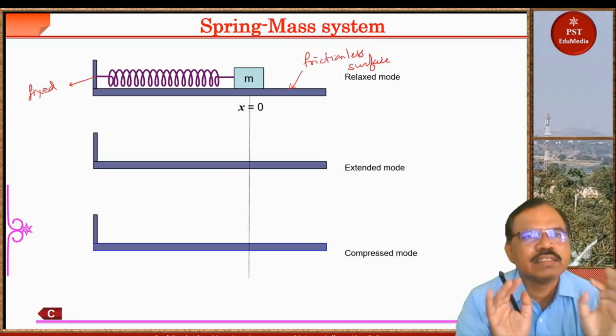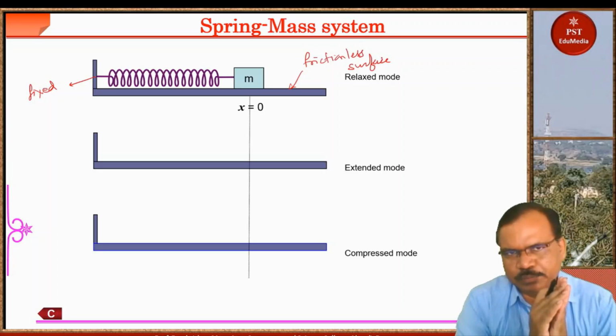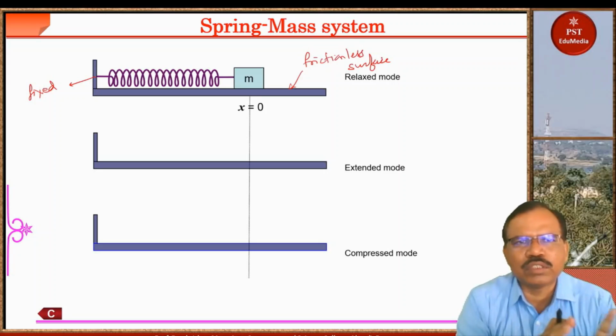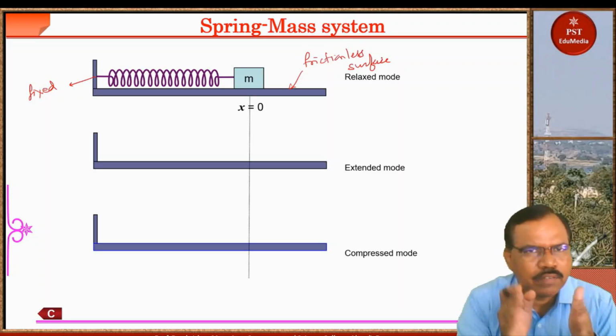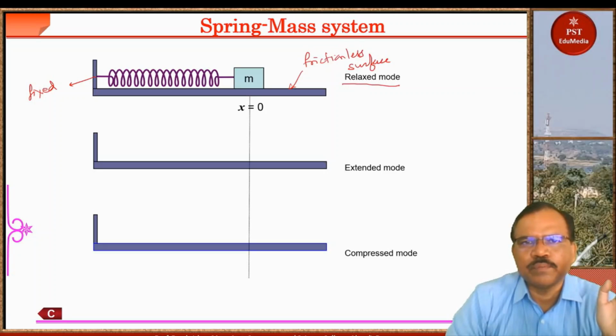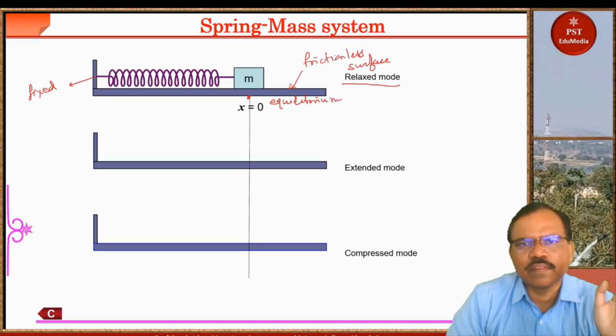And we have attached the spring mass system like this. Now when we do not apply any force, it will remain at rest. That mode is called relaxed mode. And this position x equal to 0, we will call the equilibrium position.